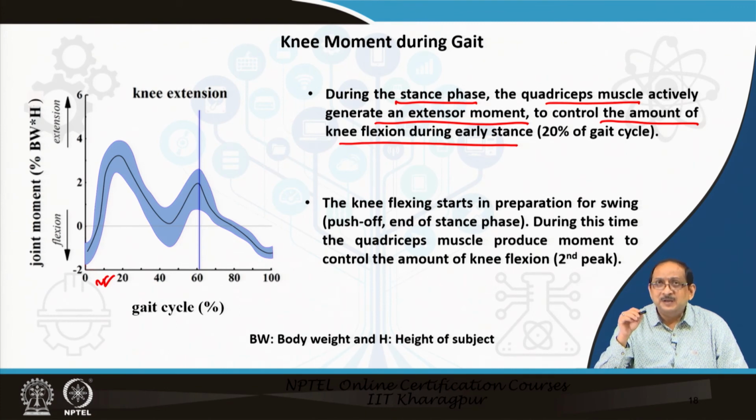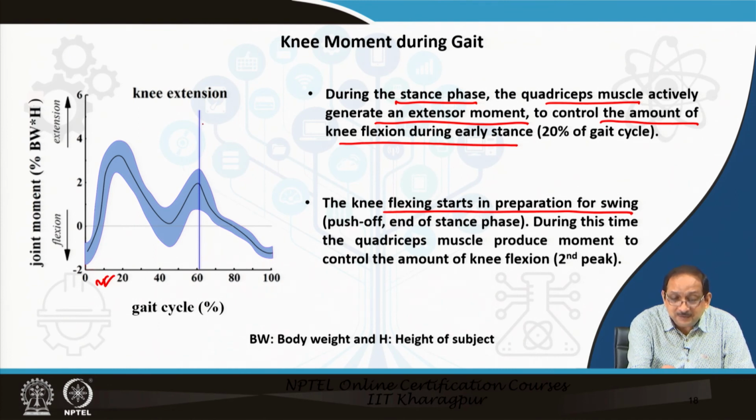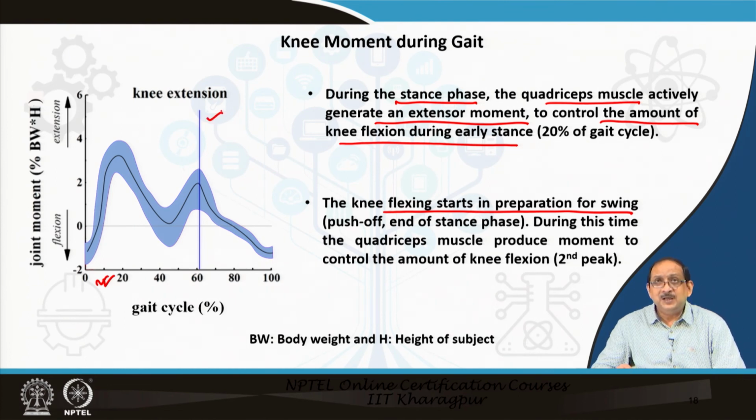The knee flexing starts in preparation for the swing phase, which actually starts after the stance phase, as indicated in the figure, around 60% of the gait cycle.